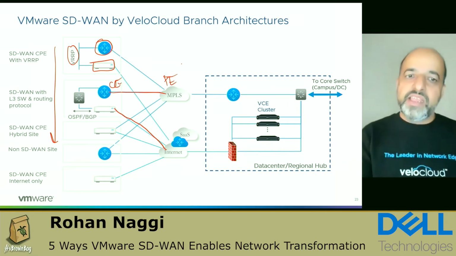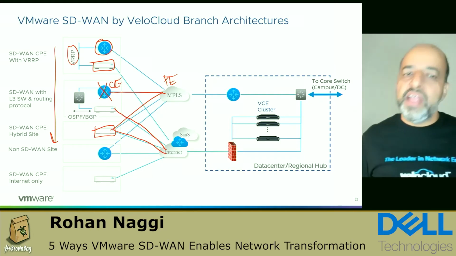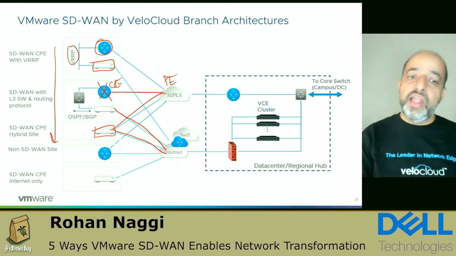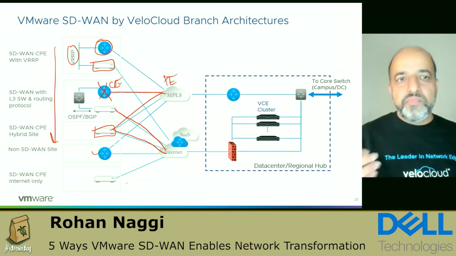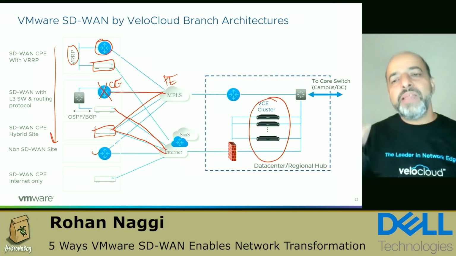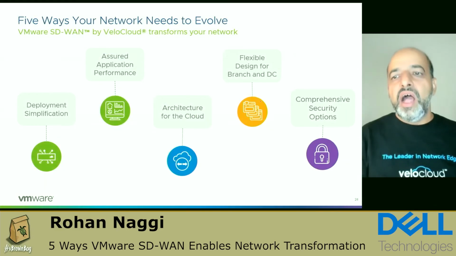At the same time, you can get rid of the CE router and use our edge device, terminating all the public and private connections. You can also connect to a non-SD-WAN site using this overall topology at the data center. You can stack up multiple edge devices to form a cluster. And that's where that flexibility comes into play.